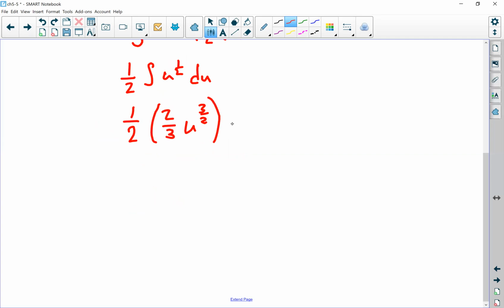And it's an indefinite integral, so add a constant to the end. I would reduce it. Again, on the AP exam, you don't have to. I just think it looks better.